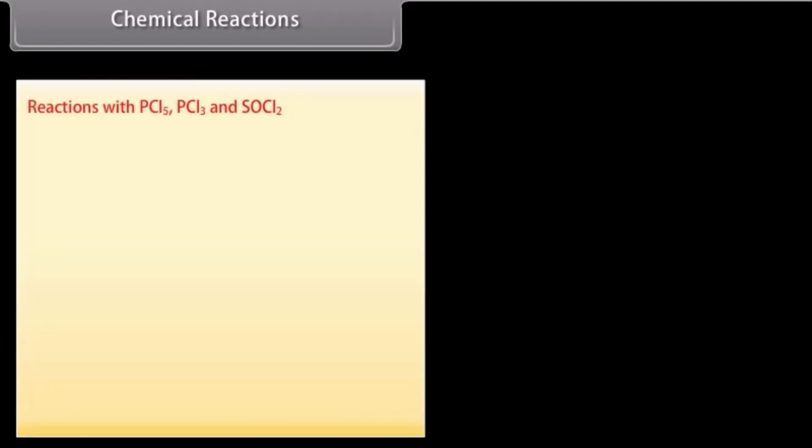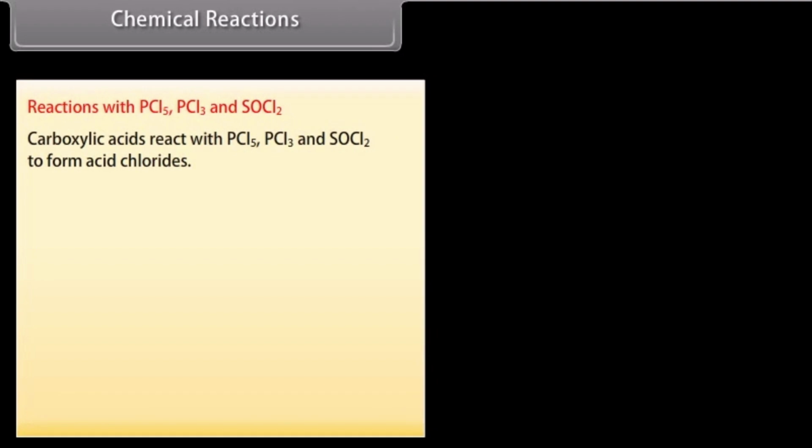Chemical reactions. Reactions with phosphorus pentachloride, phosphorus trichloride, and thionyl chloride. Carboxylic acids react with phosphorus pentachloride, phosphorus trichloride, and thionyl chloride to form acid chlorides.